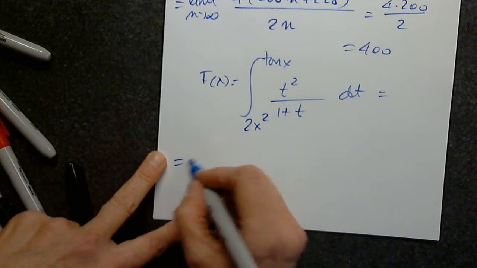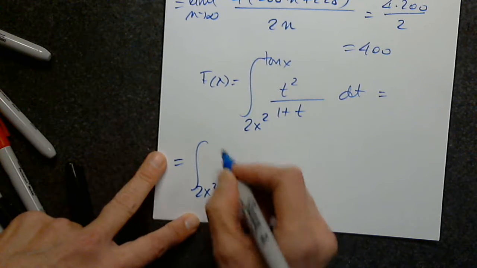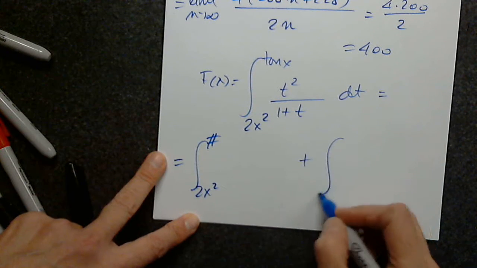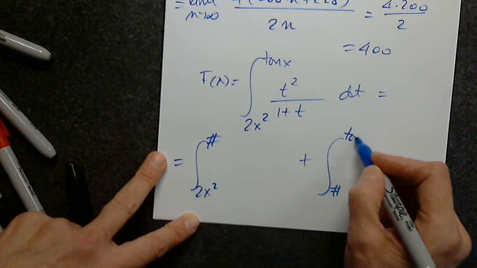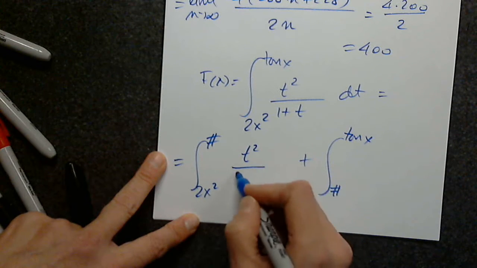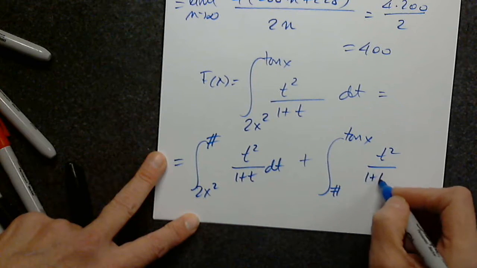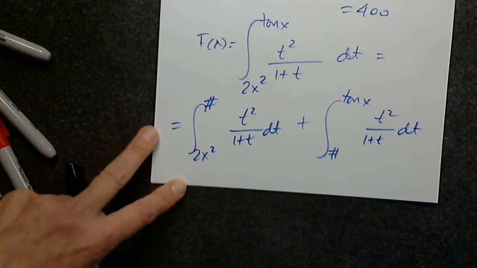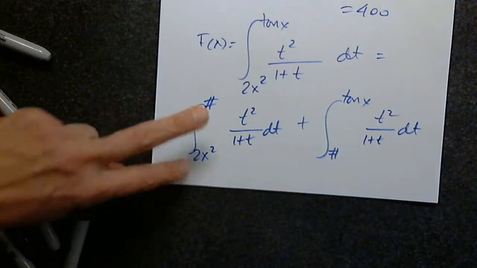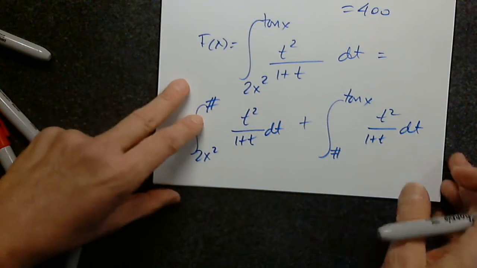So the same thing, I have to break it up into 2x squared to any number you want, plus from the same number to tangent x, t squared over 1 plus t dt. So it's that number you put, like a. Whatever you want. 0. Perfect. I have to swap this because I won't be able to differentiate.